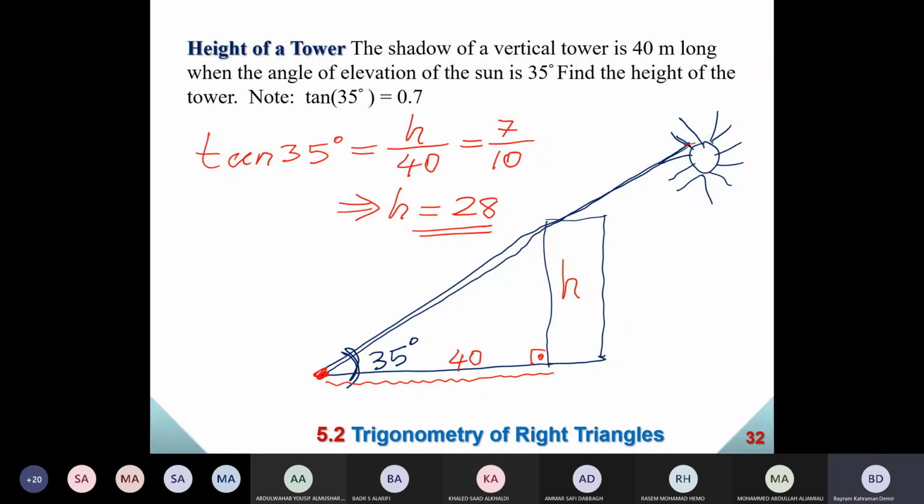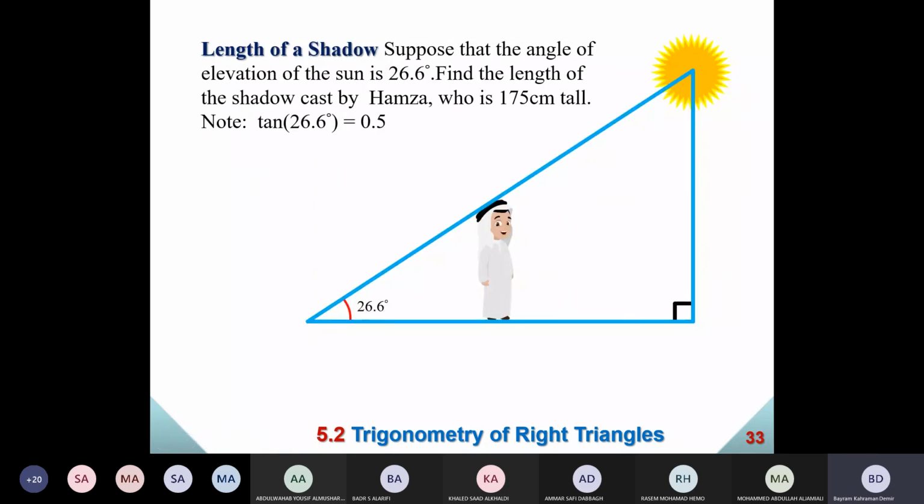All right, so let's go to the next question if you do not have anything here. The next is, well, in this case, looks like we are dealing with the shadow of Hamza. The shadow of Hamza, let's see, Hamza is here. So let's take a triangle here.